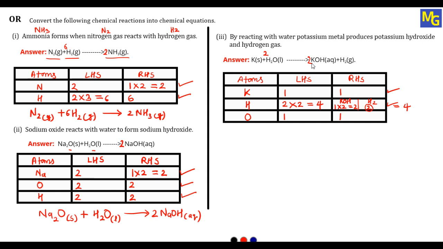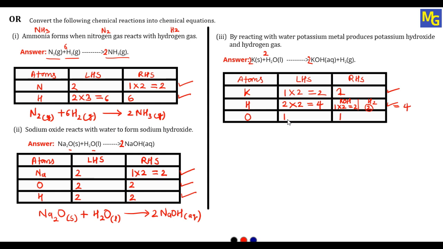So because of writing this 2, here potassium also got changed, so potassium became 2, so that's why I will write it 2. Now to balance potassium on LHS side also I will multiply with 2, so it will become 2. So write this 2 on the LHS side. So now if you observe, oxygen also has got changed, that is LHS side it became 2.